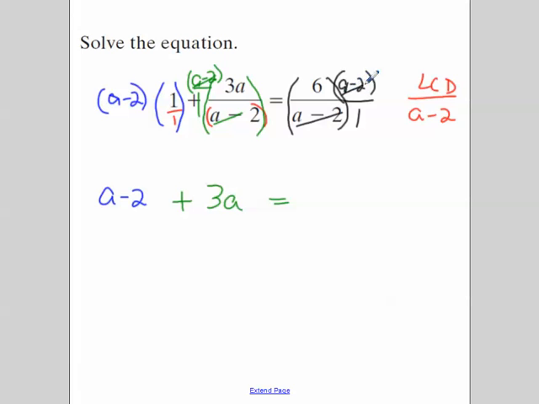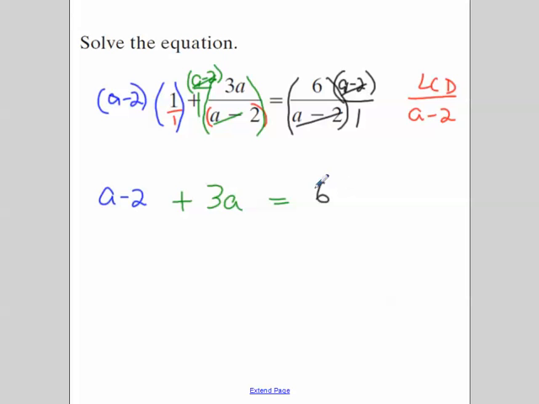A minus 2 divided by a minus 2 cancels out because they are factors. A minus 2 is a factor, a minus 2 is a factor. Factors can cancel out. That becomes 1, and my third term becomes just a 6, because when we multiply by the a minus 2, we cancel that one out.